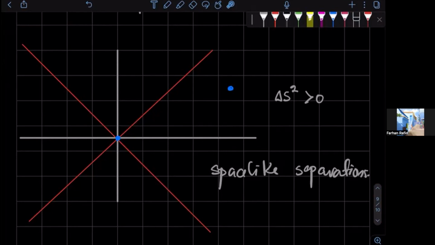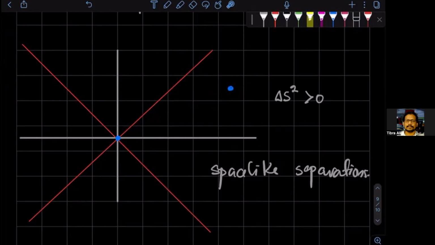Right. So events which are space-like separated, whether they're simultaneous or one is in the future of the other, there is no notion of time ordering between them in a strict sense.